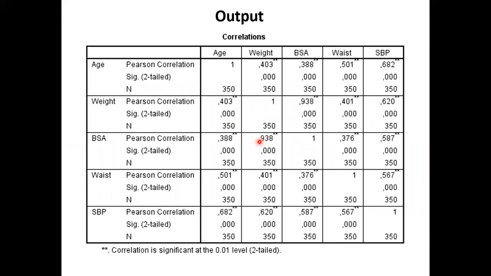Right, let me ask you. This R value is 0.38. Let's say it is 0.9. What's 1 minus 0.9? 0.1.